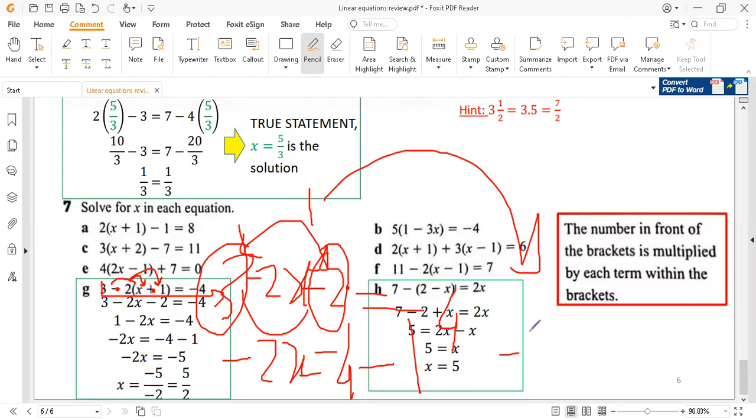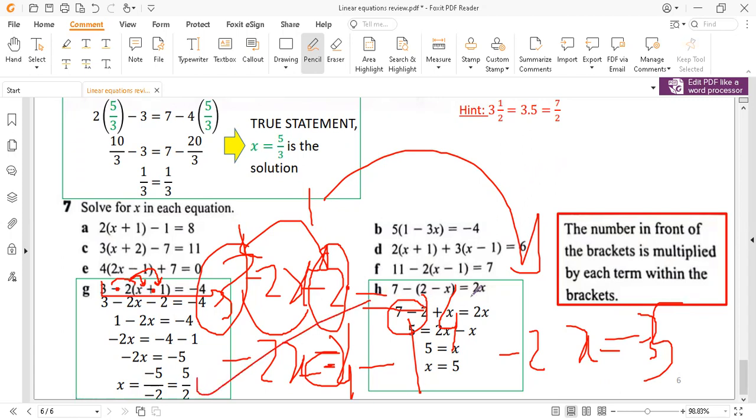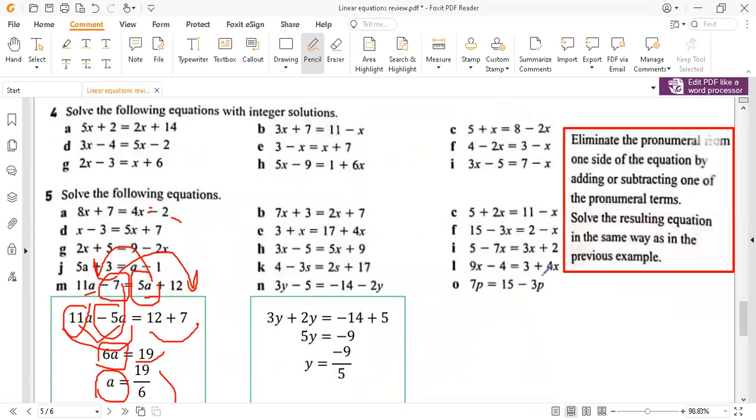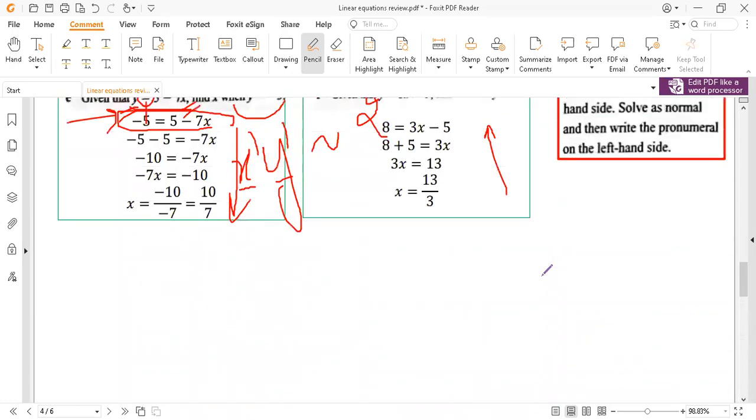So we have -2x equal to 4 - 1, a 3. I don't know, I made a mistake. Okay, this one: -5, because we have -4 and -1, giving -5, and finally x equal to -5 over -2, which is 5 over 2. So this is the important information and review about linear equations.